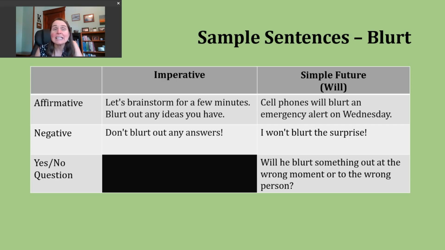Finally, if you want to make a yes or no question in the simple future, start with will, then use your subject, then the base verb. Here's the last example. Will he blurt something out at the wrong moment or to the wrong person?